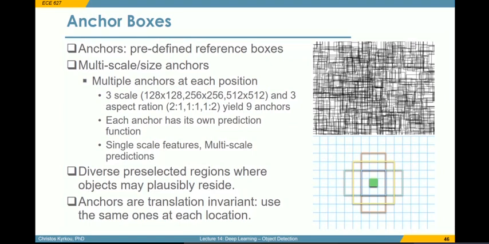And at the bottom, we see an example of some anchor box templates for every location. For one location, which on the top figure is replicated across all locations, since the same templates, the same anchor boxes are used for all feature maps.